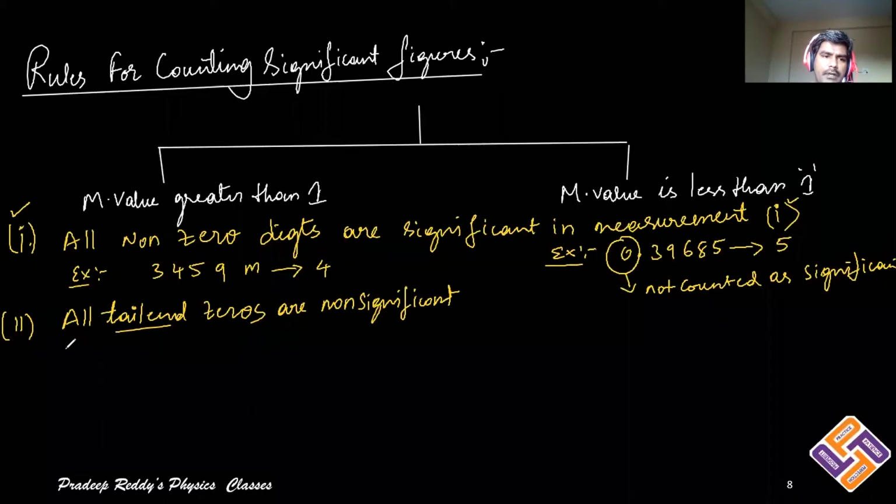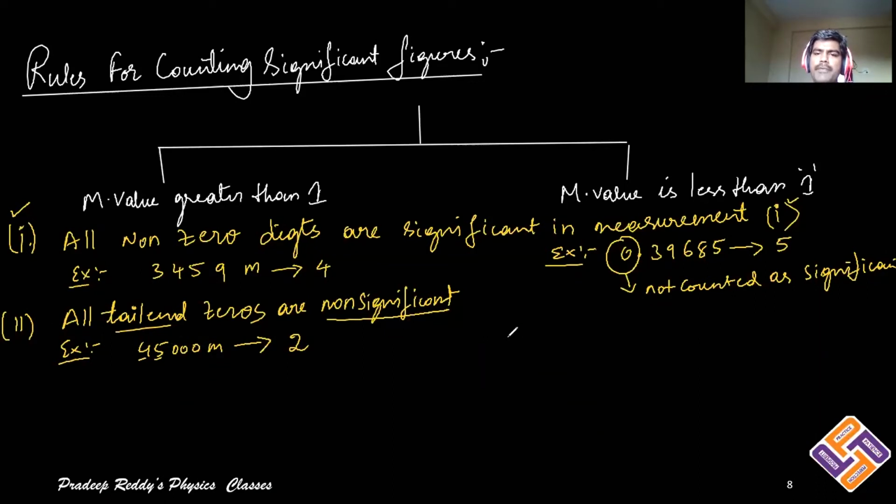Say for example, you have 45,000 meter. This is greater than 1. Tail end zeros are trailing zeros. After 5 there are 3 zeros. Those 3 zeros are not significant. Therefore, how many significant digits are there in this? Only 2 significant figures. 4 and 5 are significant. The 3 zeros after 5 are not significant. You should not count them as significant figures.